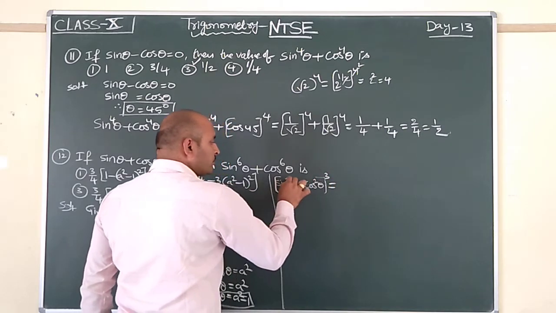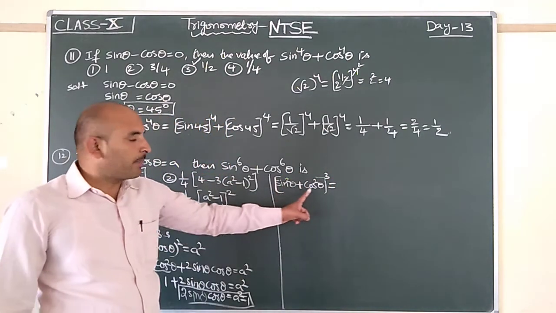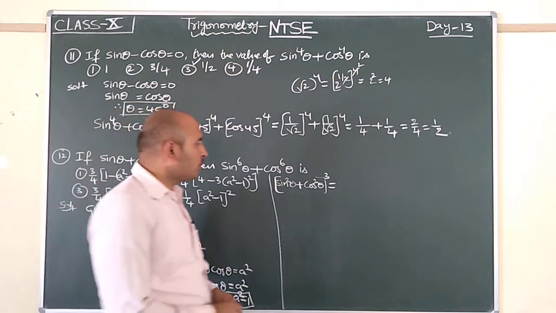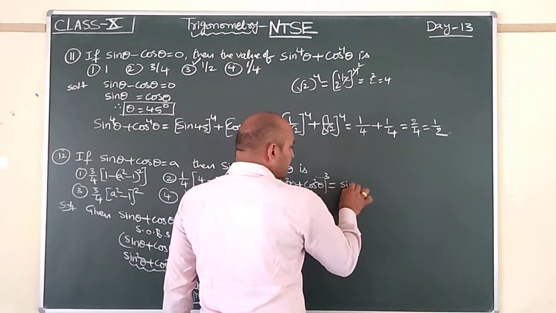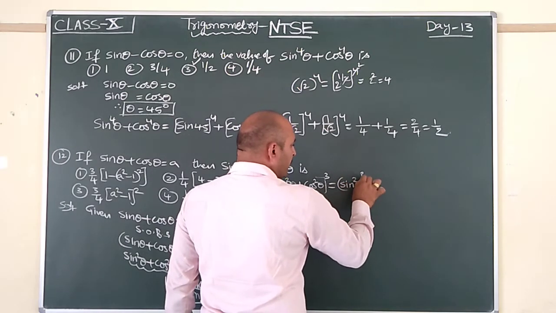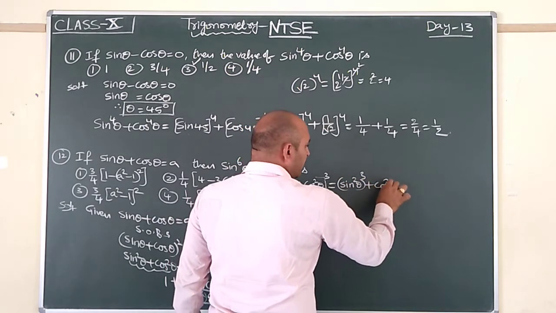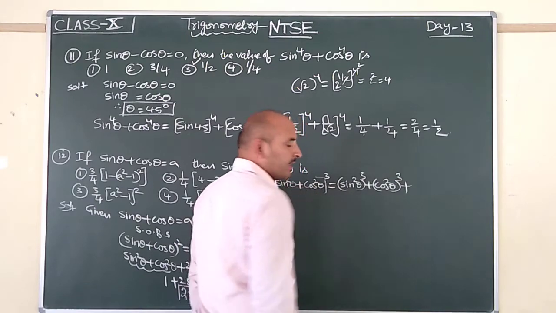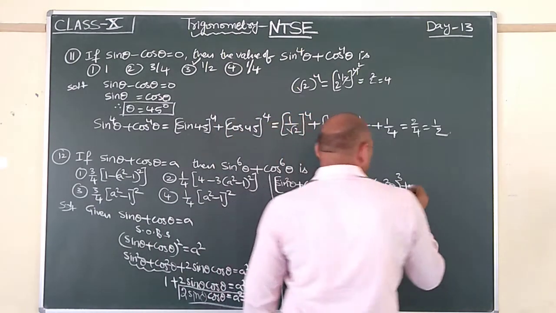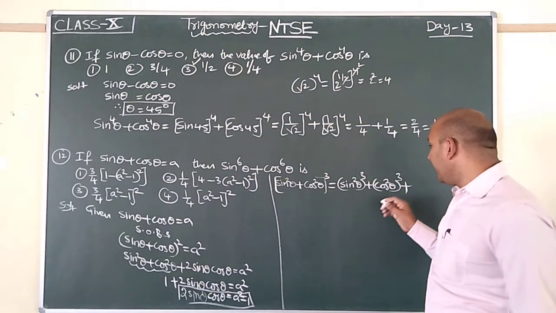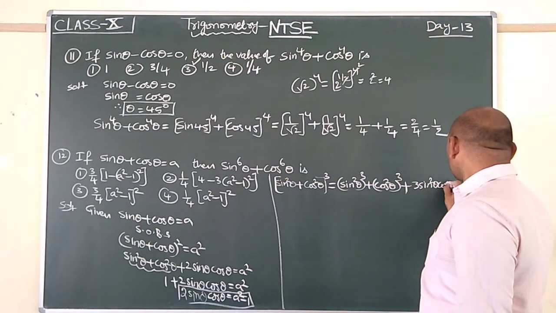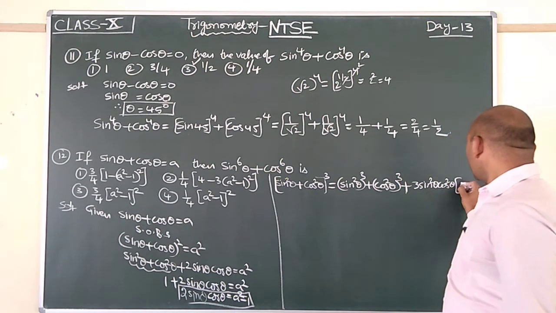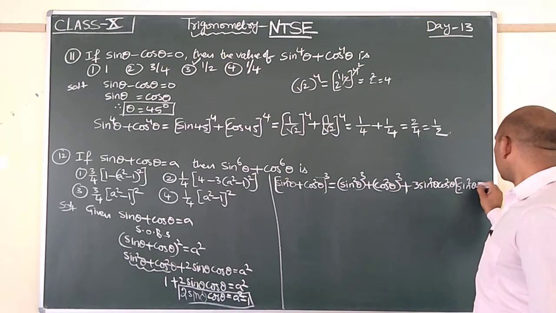A plus b whole cube formula: a cube plus b cube plus 3ab into a plus b. So sin square theta whole cube plus cos square theta whole cube plus 3 sin square theta cos square theta into sin square theta plus cos square theta.